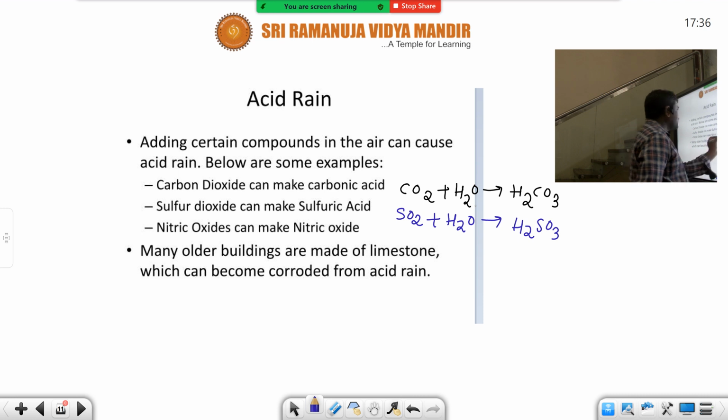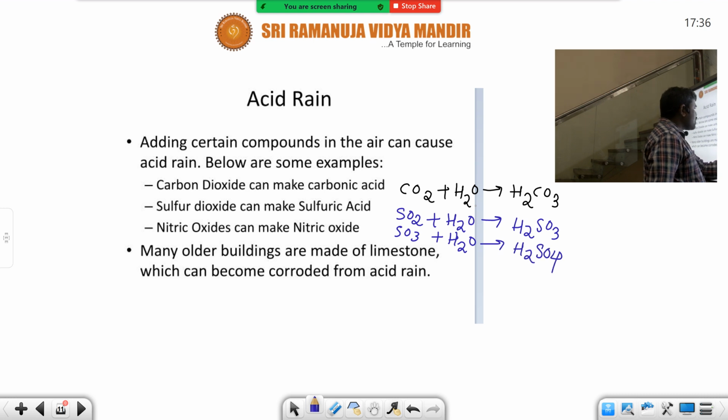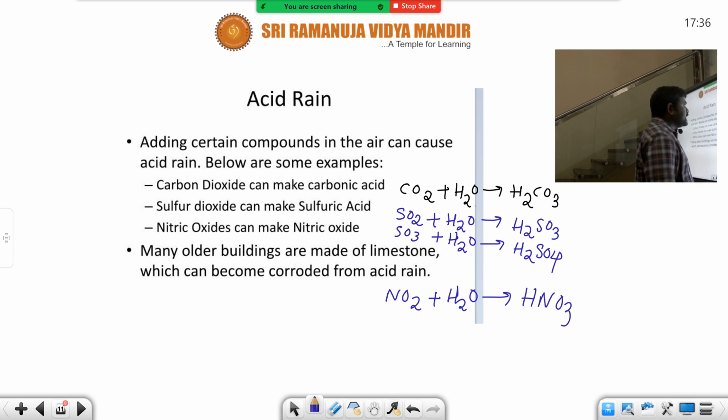Again, SO3 directly combines with water to form sulfuric acid, H2SO4. Nitrogen oxide can make NO2. NO2 plus H2O gives HNO3. This is nitric acid.